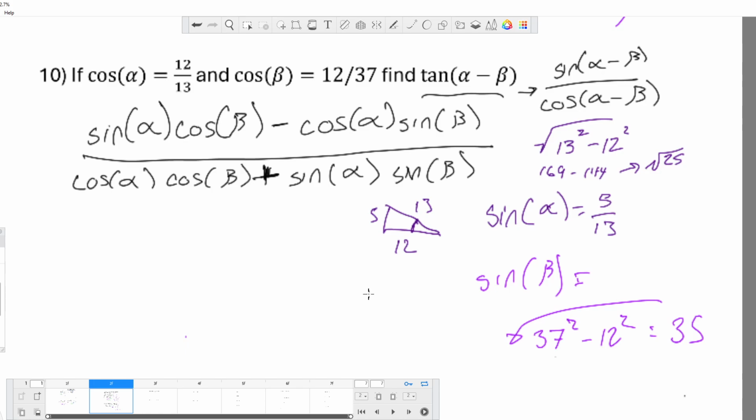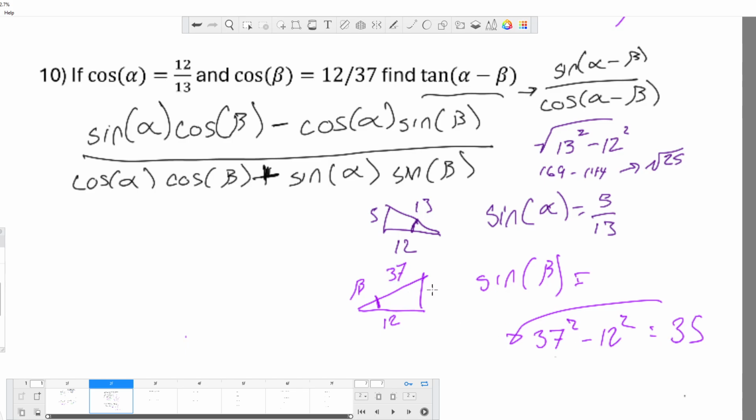If we were thinking about that as a triangle, which technically I don't think I'm drawing right, but to be more consistent, typically they get drawn like this. When we're dealing with beta, if this is angle beta, cosine is the adjacent over the hypotenuse.